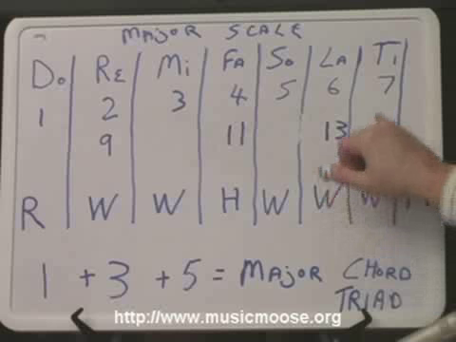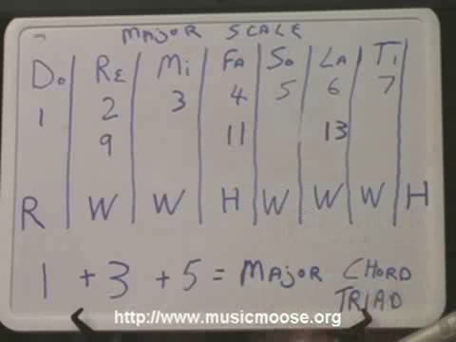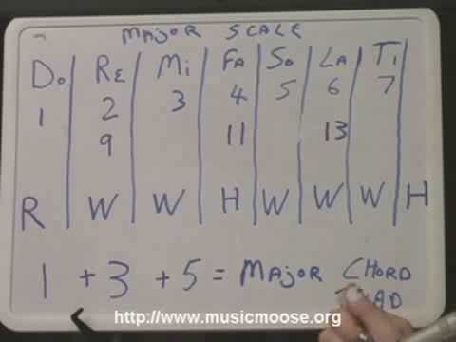So that's why I erased the numbers beneath them, because we're already going to be working with the basics of those numbers. Then we're going to be adding different degrees to make up different chords, okay?